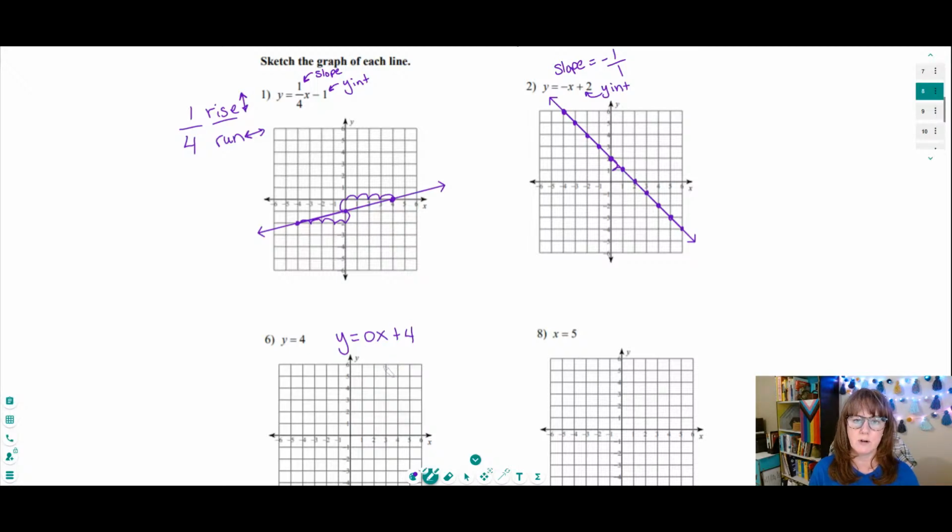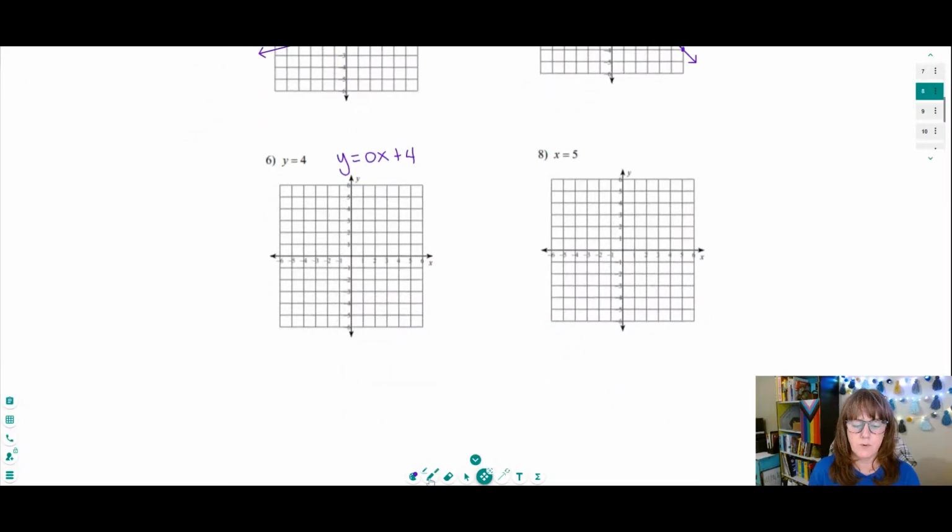Whenever our slope is 0, we're going to have a flat horizontal line. But our y-intercept is still at positive 4, so I'm going to mark that at positive 4. And for our slope, our rise is 0 and our run is 0, so we're not moving up or over. That just means we are going to have a horizontal line going right through where y equals 4. Those can throw people off sometimes.